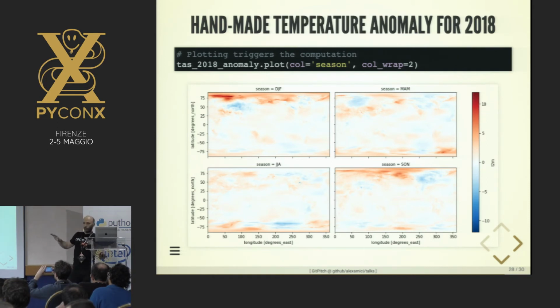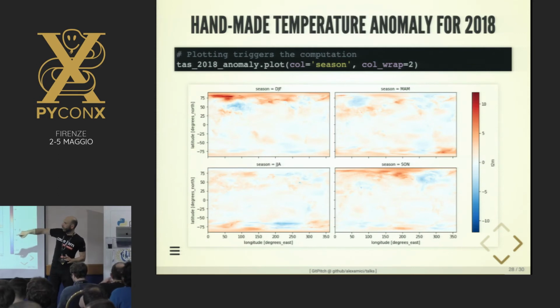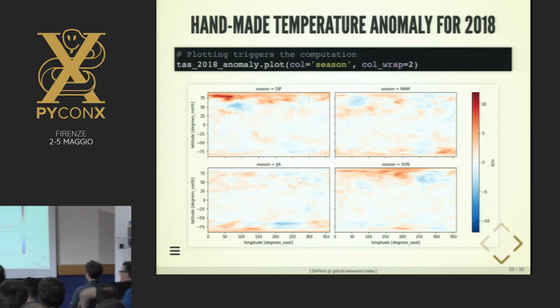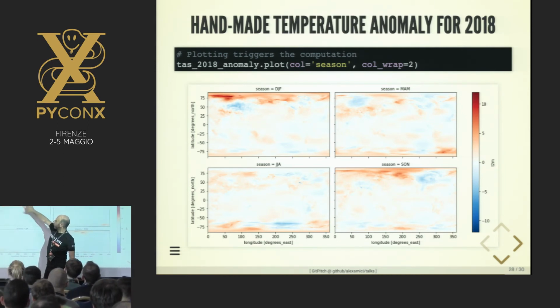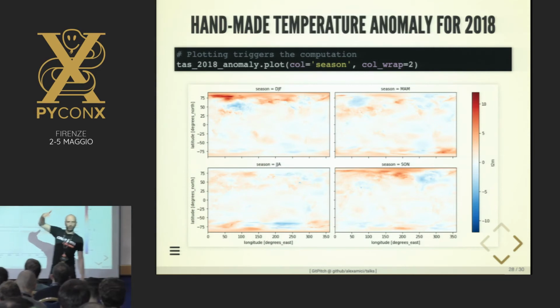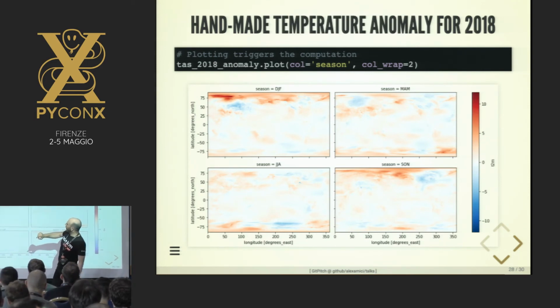Now, just to understand, this is latitude, longitude. So Europe is somewhere here. And you see that in December, January, February, so this is winter, there's been a huge anomaly in the north, just north of Europe. So this is above Iceland. And you cannot see the colors here.